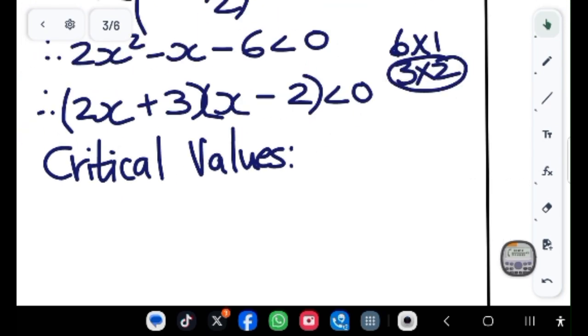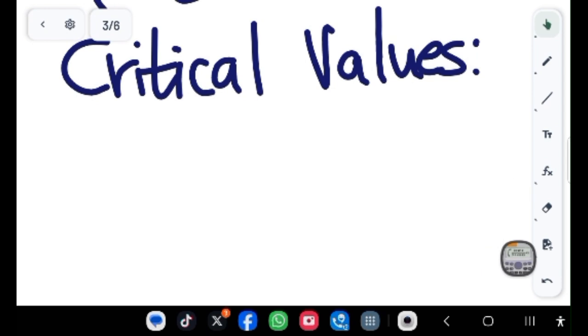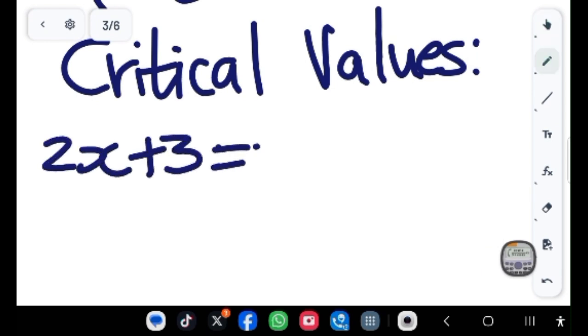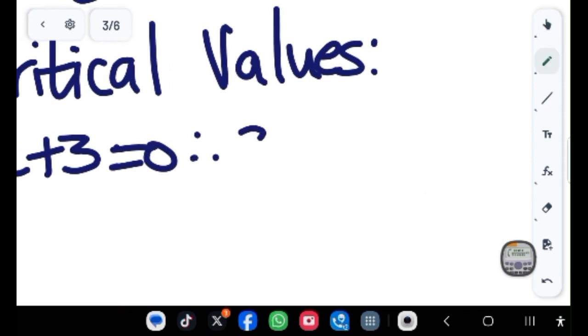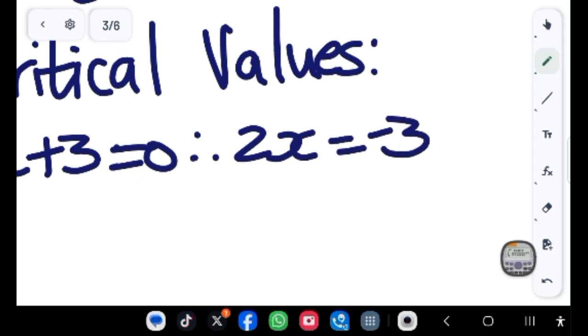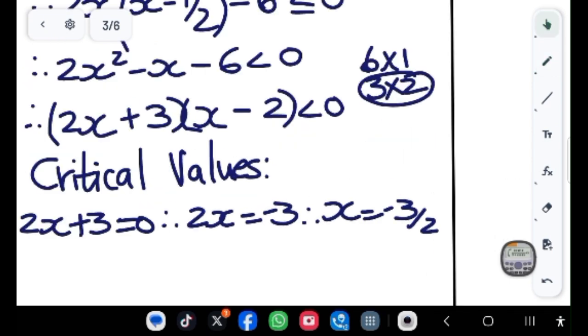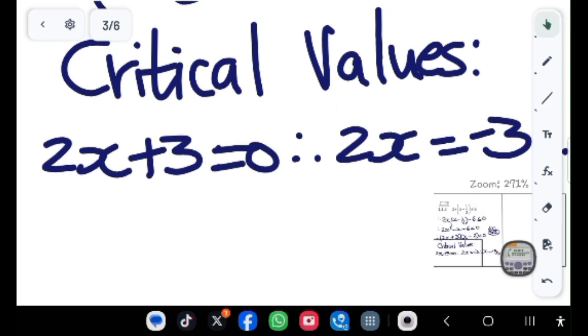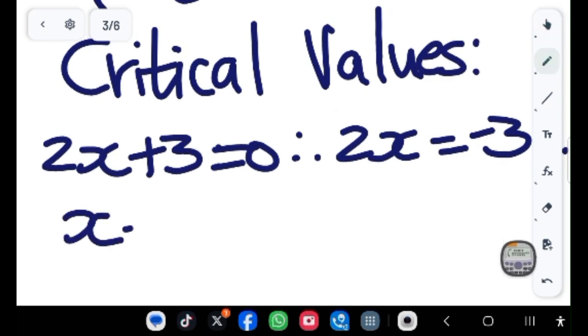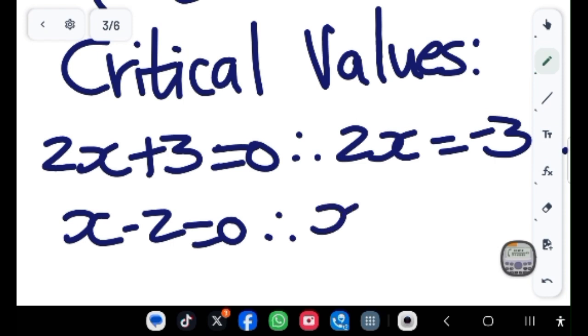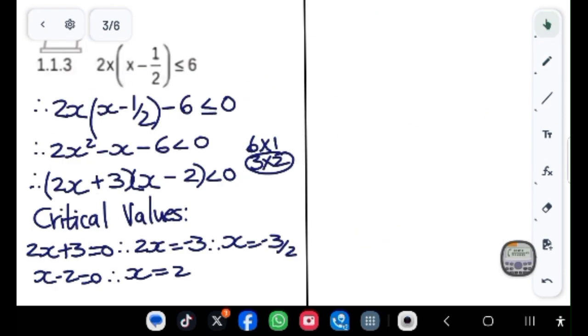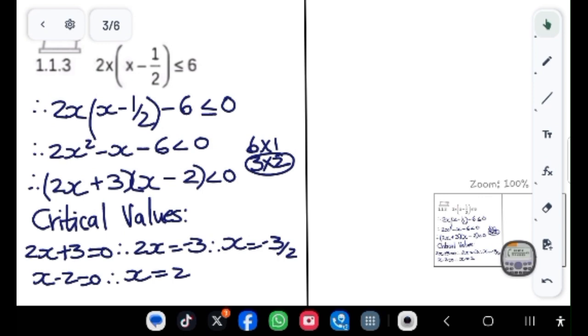So now the critical values are simply you take the factors 2x plus 3 and you solve them like you would an equation to find the critical values. 2x equals negative 3, therefore x equals negative 3 over 2. The next critical value, x minus 2. x minus 2 equals 0, therefore x equals 2. Now here are your critical values. Your critical values are 2 and negative 3 over 2.